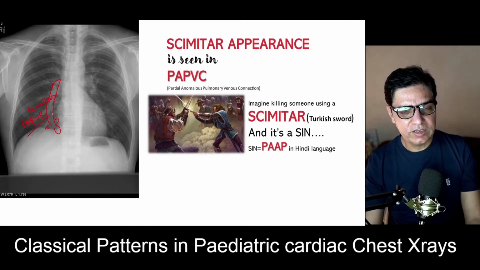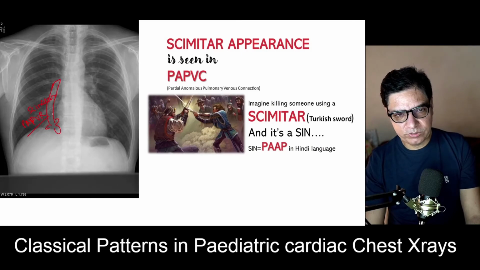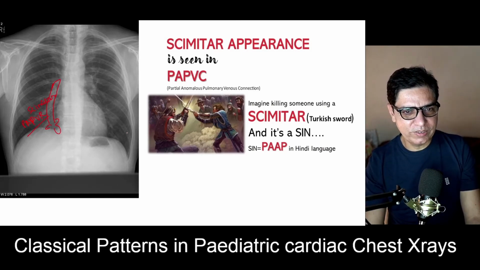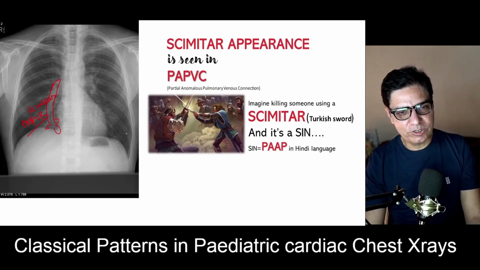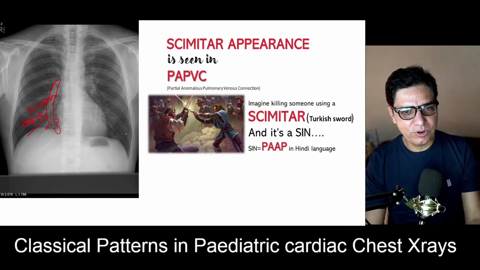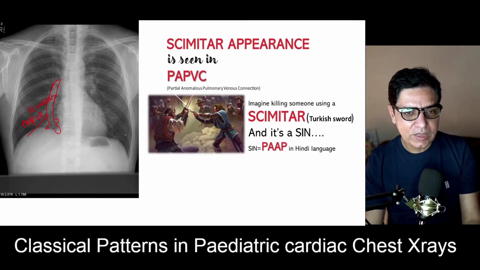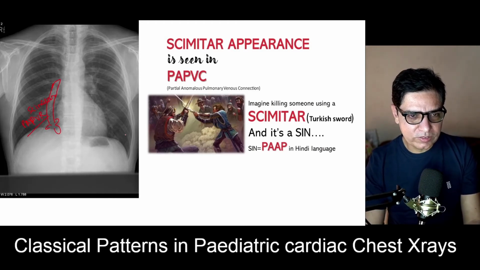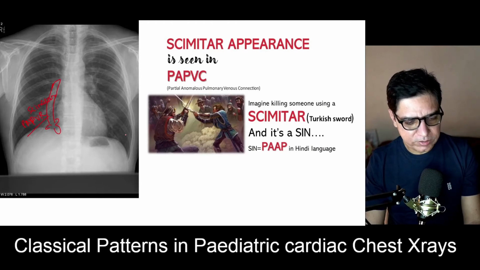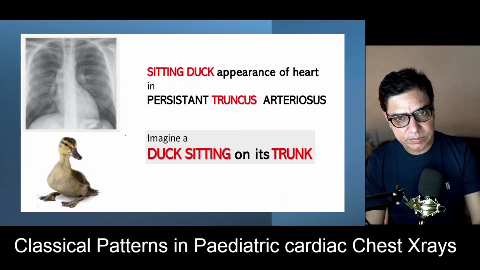As in Hindi, a sword is for killing someone, and killing someone is sort of a sin, pap. So obviously, pap, you can just remember partial anomalous pulmonary return. It's not a full acronym, but somehow these tricks can help you remember what causes the scimitar sign. Remember, if you are lucky to see a scimitar sign, you can say this is because of partial anomalous pulmonary venous return. Let's move on to the next X-ray.